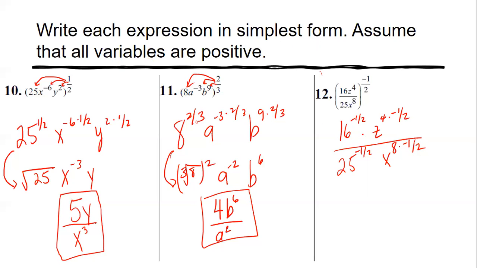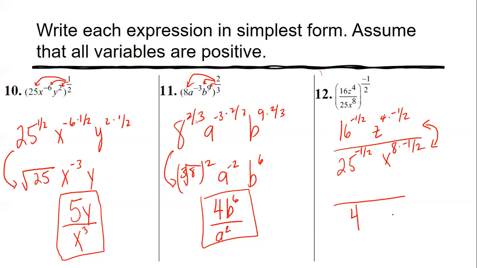Okay, so again, notice how I have negatives in the numerator and negatives in the denominator. Because they are negatives, that means that these values are switching. A negative in the denominator means it belongs in the numerator, and a negative in the numerator means it belongs in the denominator. So here, when I'm taking the 16 to the negative 1/2 power, that means I'm going to have a 4 in the denominator.